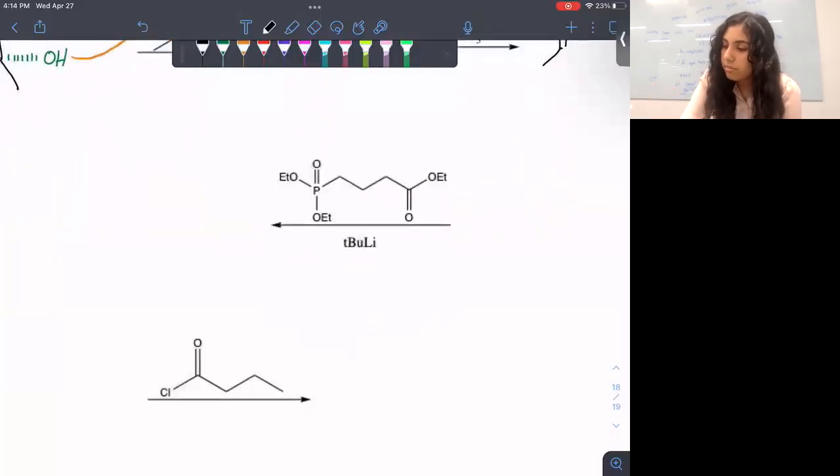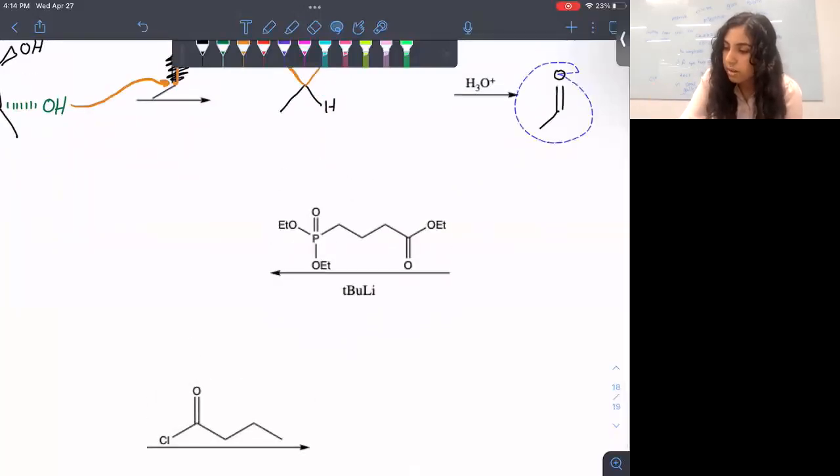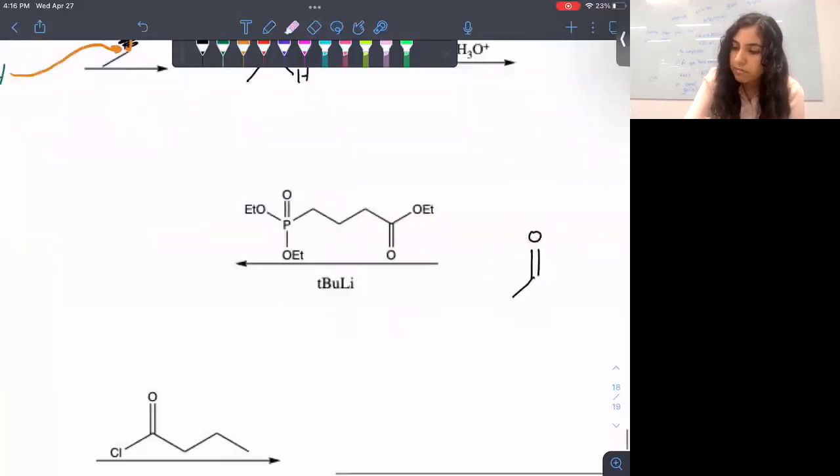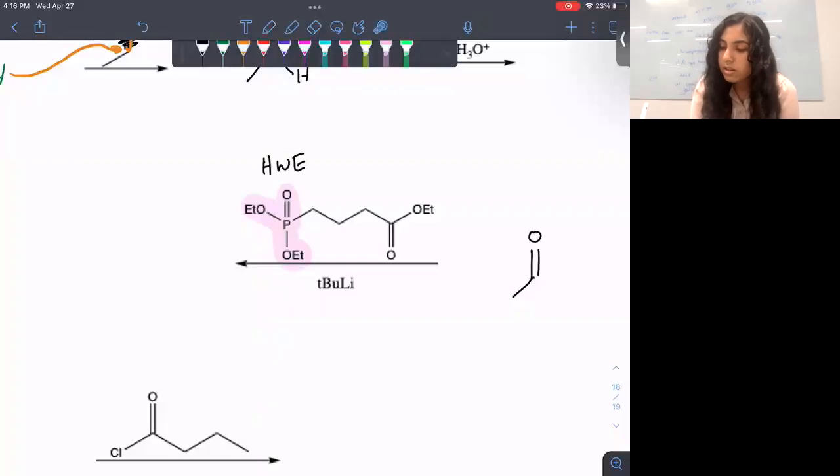So if we react acetaldehyde with this big molecule, from this phosphate ester stuff, the P attached to a bunch of oxygens, we know right away that this is a Horner-Wadsworth-Emmons. Based on that, we know what to look for. We're going to cut off the oxygen of the carbonyl, and then paste the R group from the phosphonate ester where the oxygen used to be.